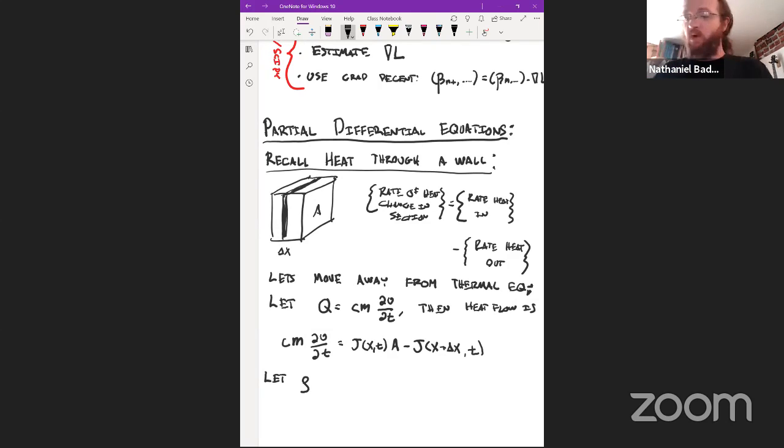So we can now define the wall density. Let rho be the wall density, so that the mass is equal to rho times area times delta x. Really, we're just trying to get a delta x back in there. Before, we could just divide by delta x because we had a 0 on the left-hand side.